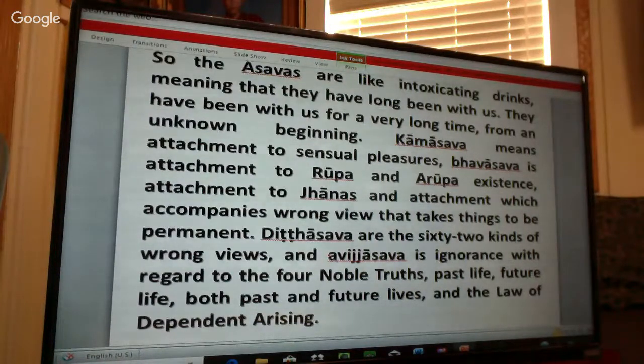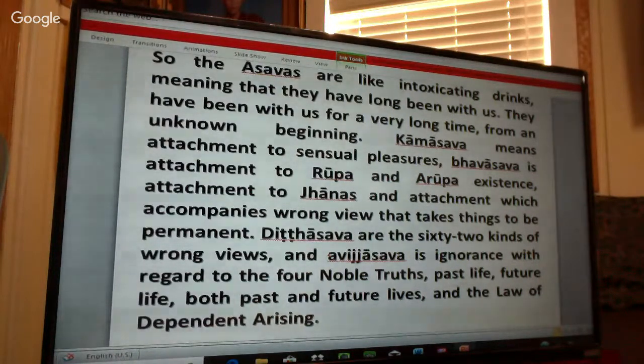So avijja, finally, if you reach the Sotapatti Magga, you will destroy the avijja, but not all. Partially destroyed. Okay, so these are the four asava: Kamasava, Bhavasava, Ditthasava, and Avijjasava.